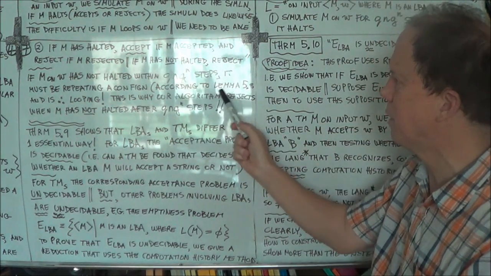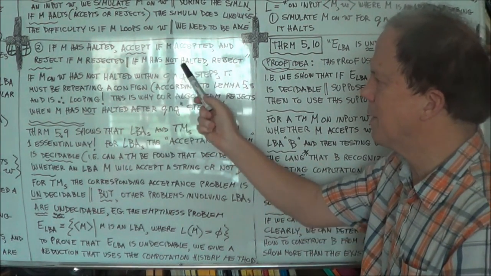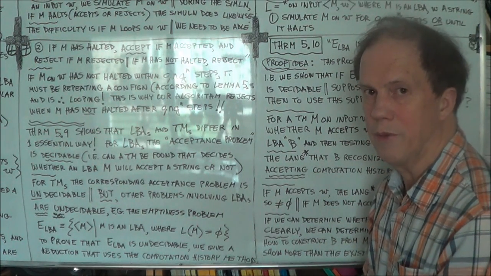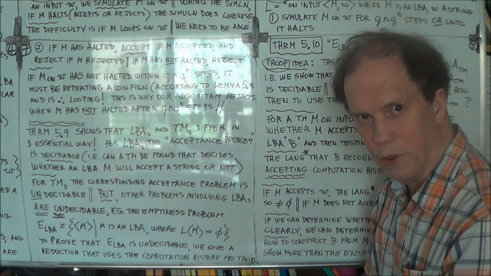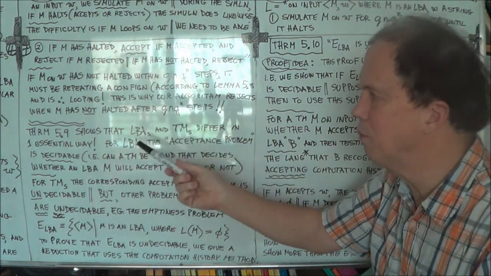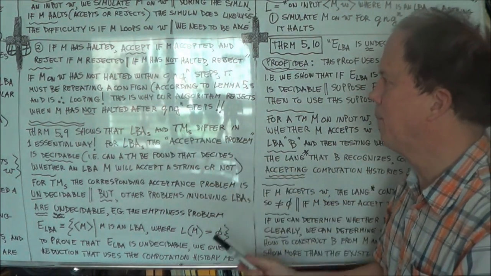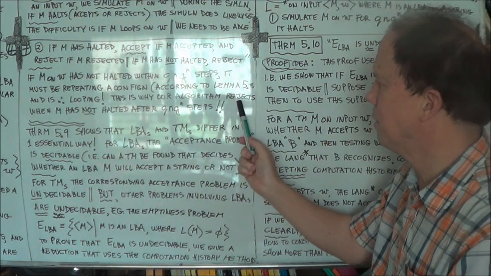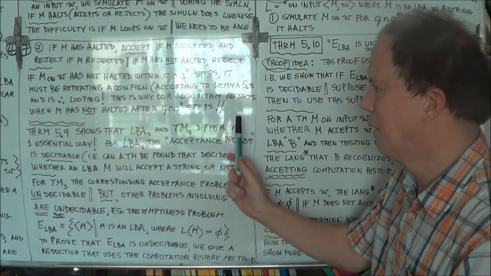This number comes from the lemma. If you let it run this many steps and it hasn't halted, therefore it's looping, from the way I was reasoning in the previous session. And if it's looping, then it's not accepting. So you want your simulation to reject.